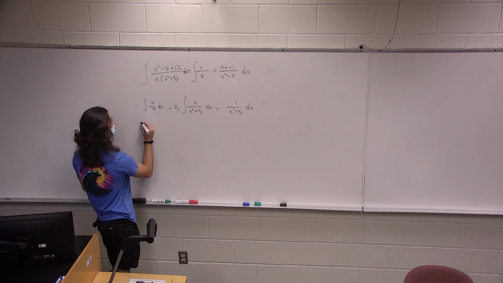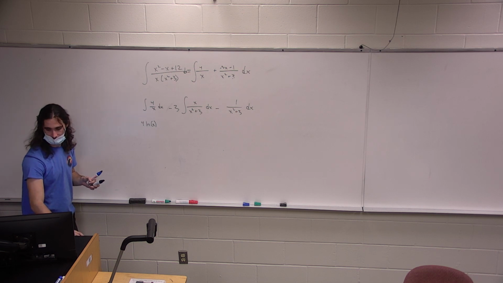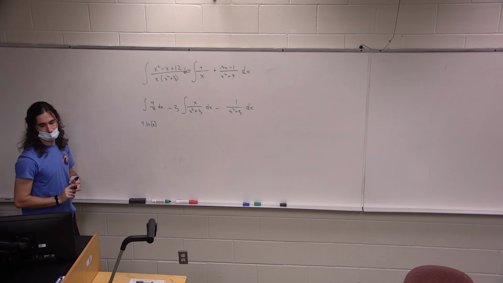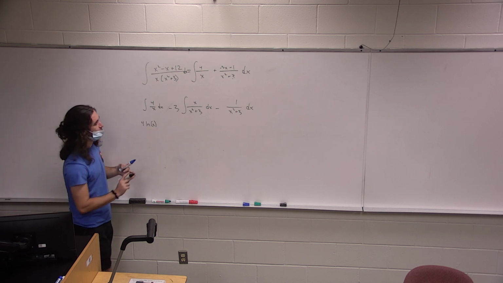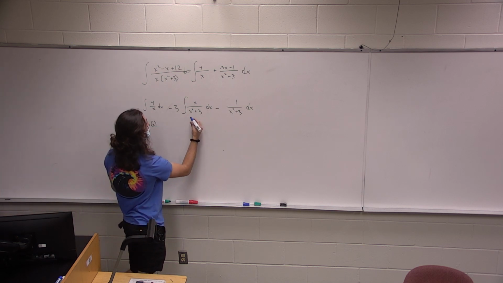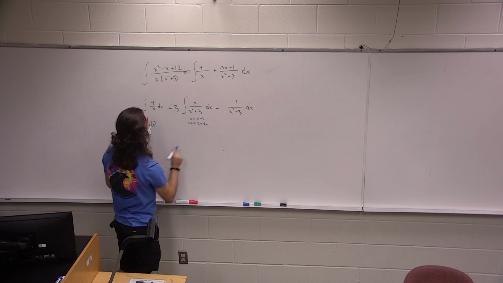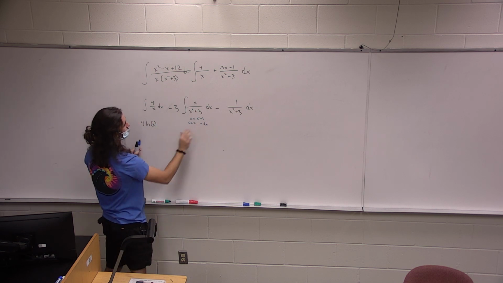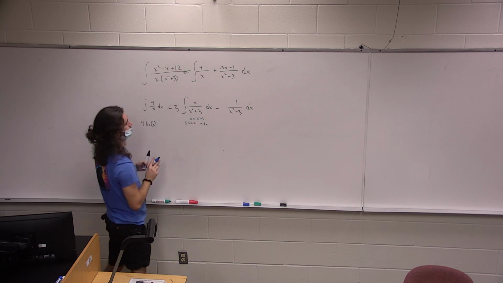This one you should recognize as 4 natural log of x, right? I hope I'm still in frame here. Yeah, no problem. 4 natural log of x. This one we can do with a u substitution. So then I'll give this one of these. Right?